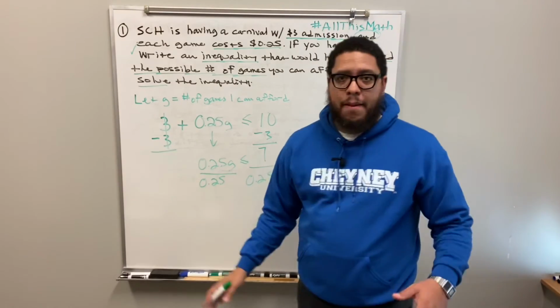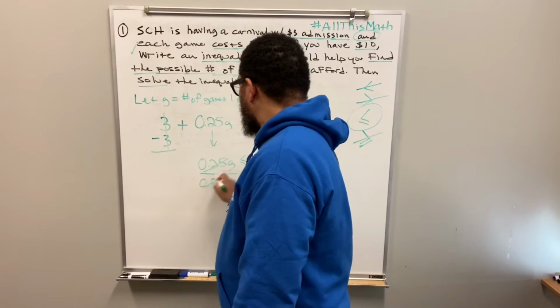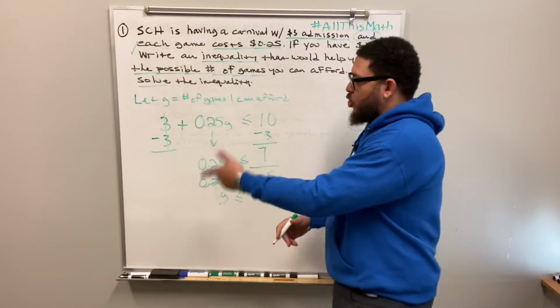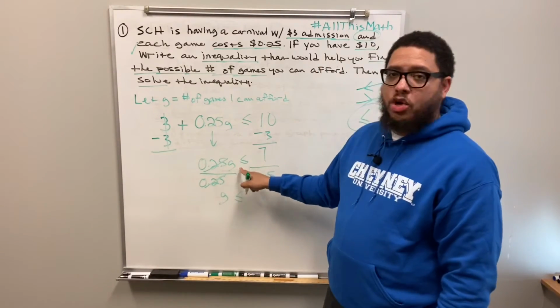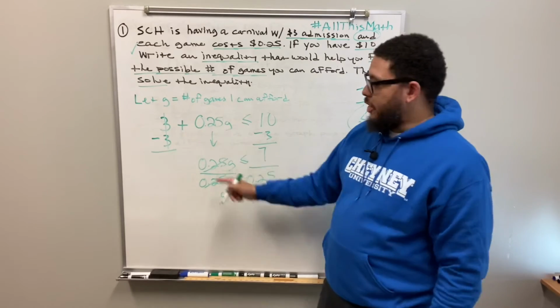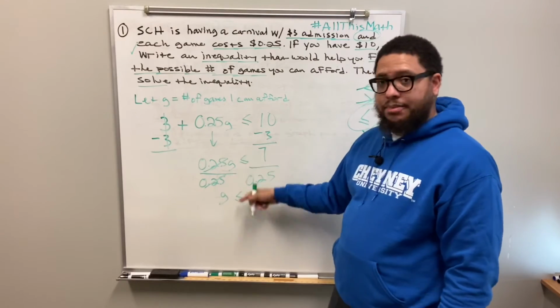Not just on one side, but on both sides. Now, the only difference between equations and inequalities is that if I was dividing by a negative, this inequality sign would flip around. But because I'm dividing by a positive on both sides, it stays the same.